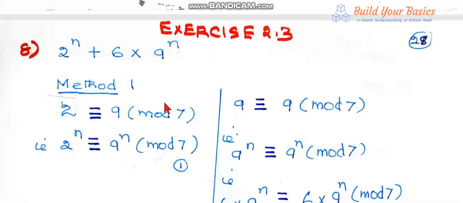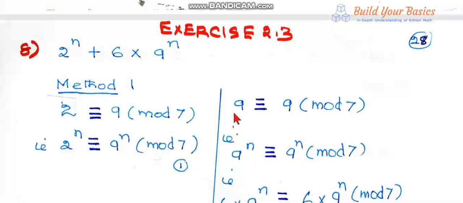Let me repeat. We have 2 power n and 9 power n. I try to express 2 in terms of 9. 2 is congruent to 9 mod 7. Correct. Because 2 minus 9, that is minus 7, is divisible by 7. We want 2 power n. So 2 power n is congruent to 9 power n mod 7.